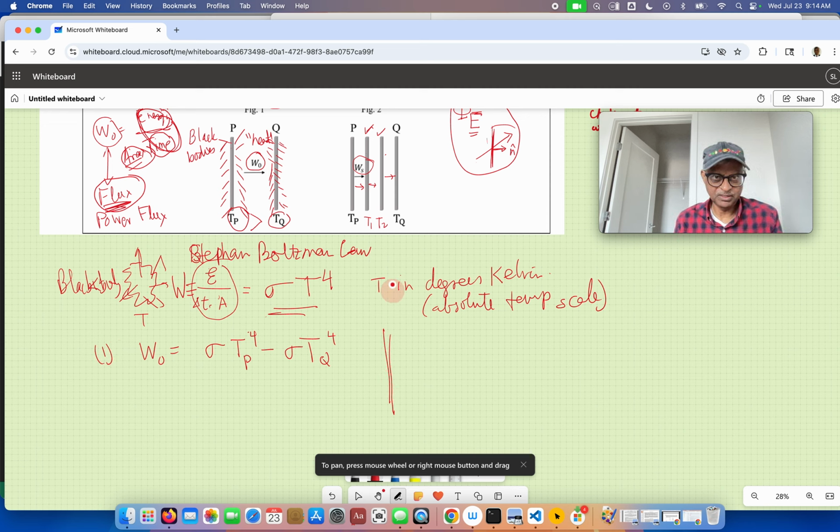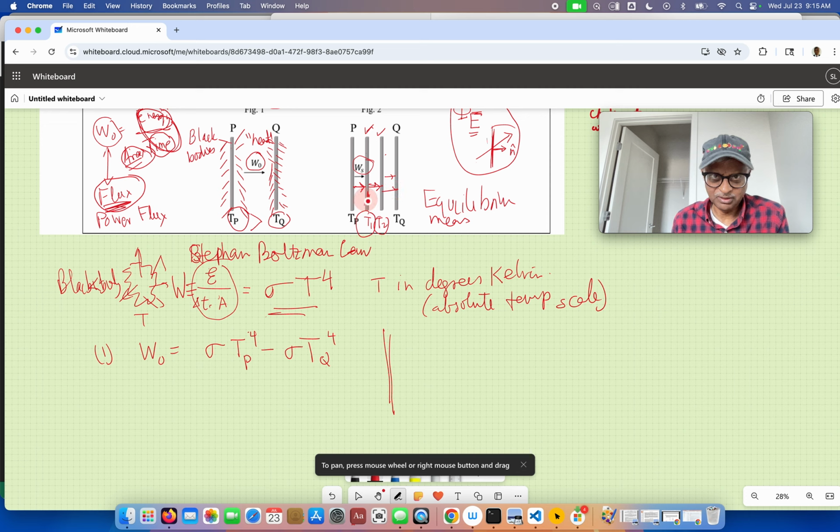Then if I look at in here, how much power is given? This one is Ws, but equilibrium will mean that the temperature remains constant. After some time, once you put the plates in, the temperature will become constant, and so the flux through here has to equal the flux through here.